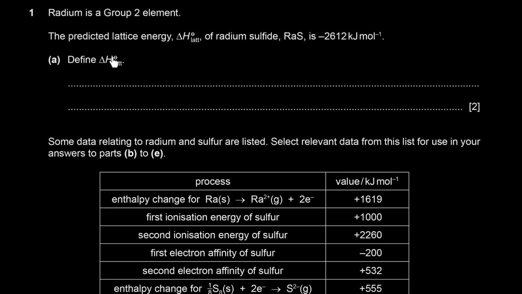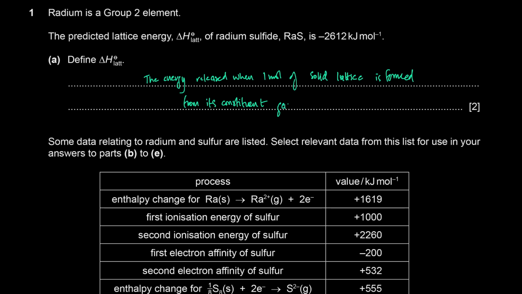So again, since they're asking for the standard lattice enthalpy over here, we're going to say it is the energy released. Okay, or you can say the enthalpy change, but it's always exothermic. So you can say energy released, okay, when 1 mole of a solid lattice is formed from its constituent gaseous ions under standard conditions.